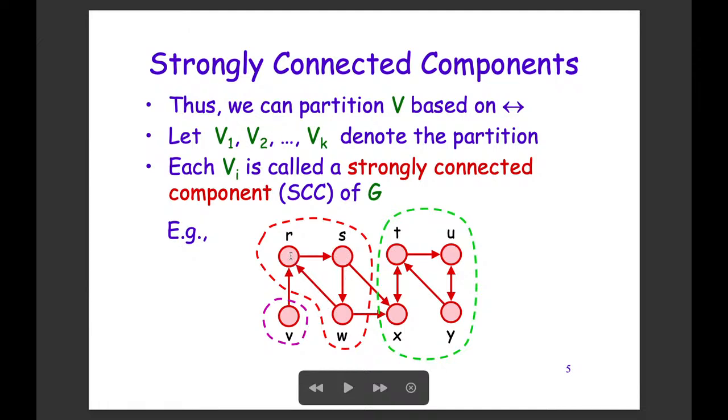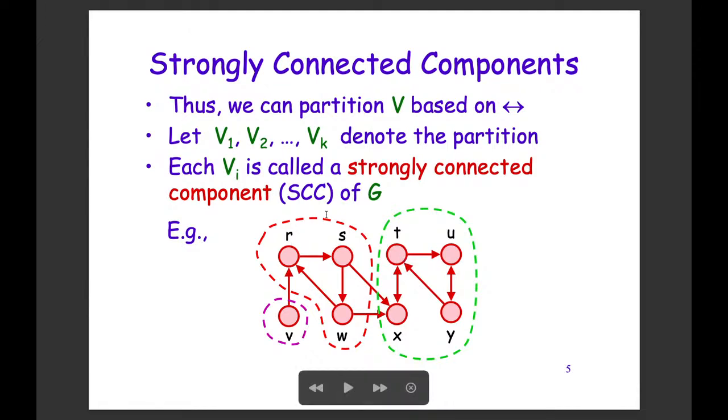S and W are mutually reachable, R and W are mutually reachable, and so on. On the other hand, R and T are not mutually reachable. Of course, R can reach T, but there is no way that T can go back to R.